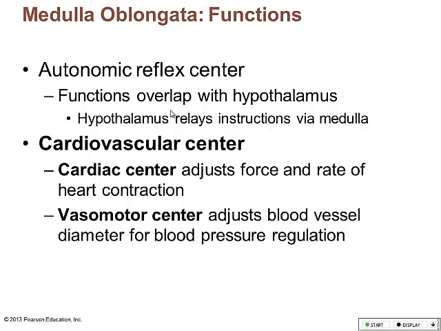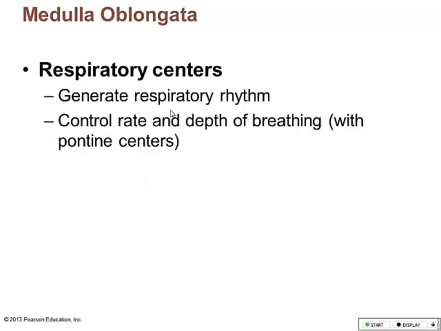So vasomotor is also an important part of the medulla oblongata with respect to cardiovascular function, because cardiovascular is not only the heart, but the blood vessels as well. And then the other thing it does is help with the respiratory center. That's going to help generate the whole breathing rhythm. It controls the rate and depth of breathing.